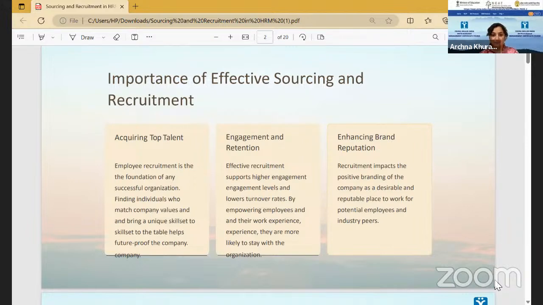Second is creativity. Third, a lot of innovation has to come in. Like I always keep telling you guys in my classes, millennials, the new people who are now joining the job force after completing their studies, are very different from the older people. Even 5 years down the line, things have changed so much in what people expect.